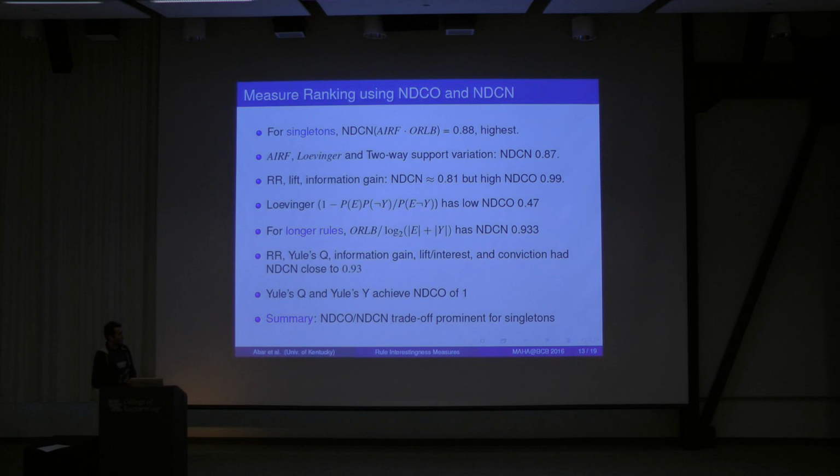For the longer rules, like we have association mode one divided by log of the size of the rule, it has NDCG 0.93, which is the highest for rules.